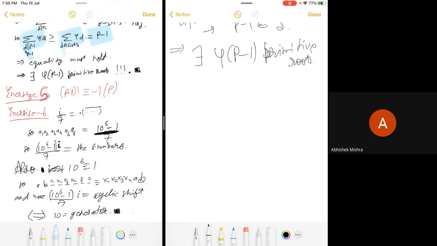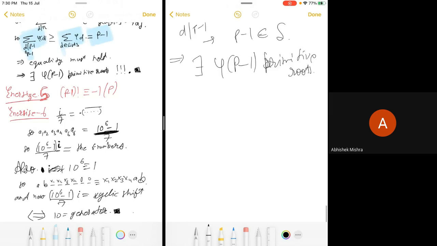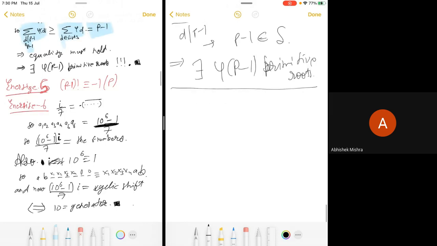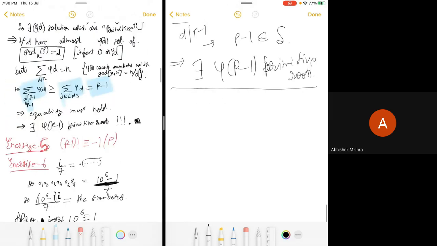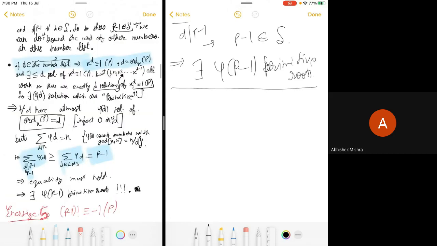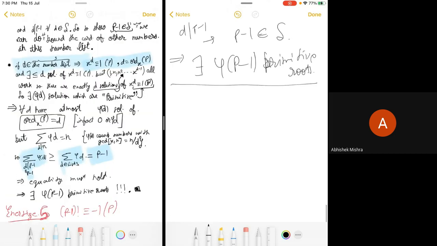Okay. Now, just to demonstrate the power of primitive roots, we can prove Wilson's theorem directly. Wilson's theorem states that p minus 1 factorial is congruent to minus 1 modulo p. Now, the set 1, 2, 3, up to p minus 1 is exactly the set 1, g, g squared, up to g to the p minus 2.